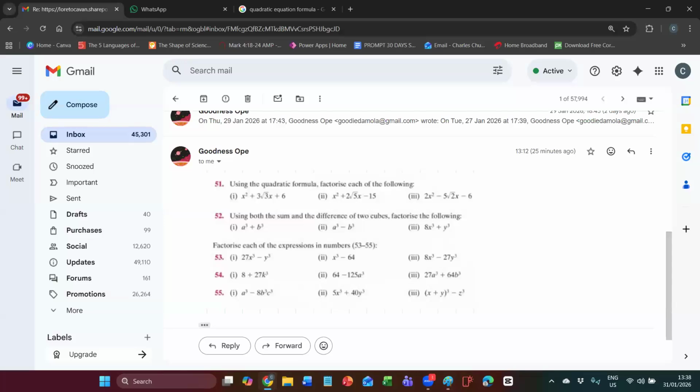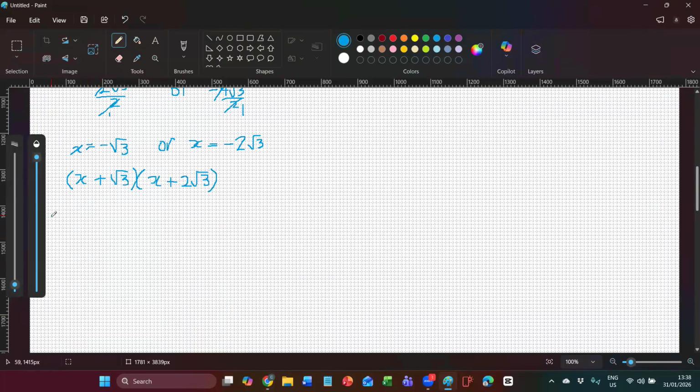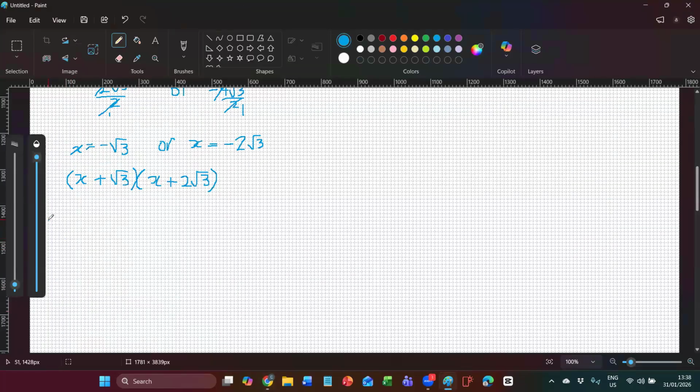The next one says x squared plus 2 root 5 x minus 15. That's the second. Is it Roman numeral? Okay, Roman numeral 2.